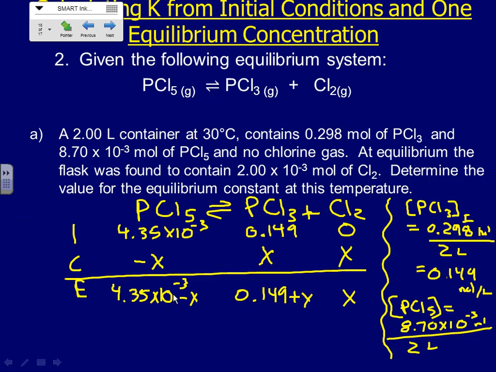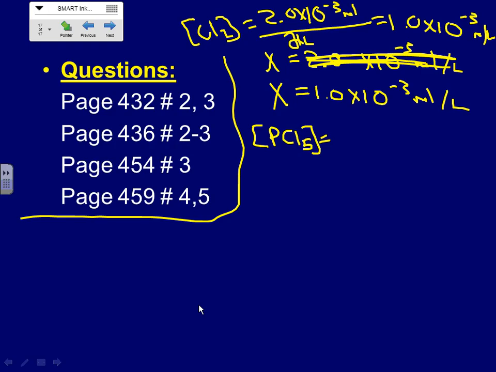What was the last guy? 4.35 times 10 to the minus 3 minus x, which is going to be pretty easy, right? 3.35 times 10 to the minus 3. Is that what we get?